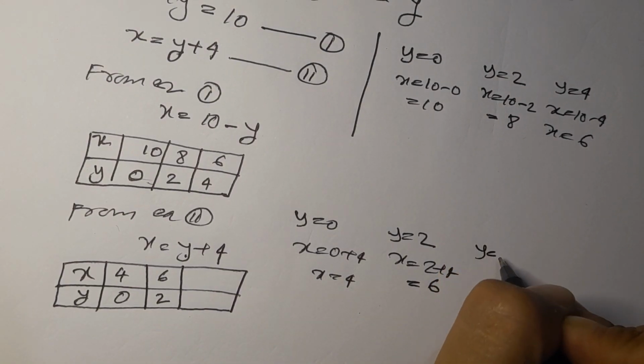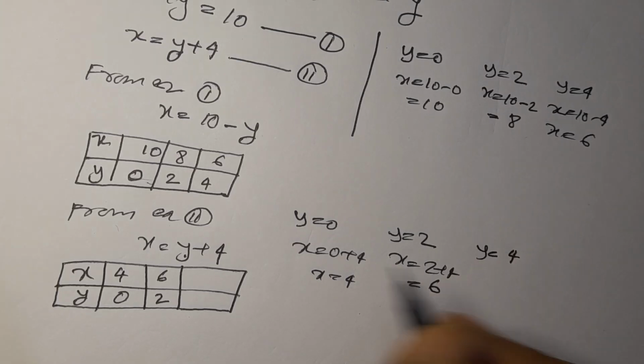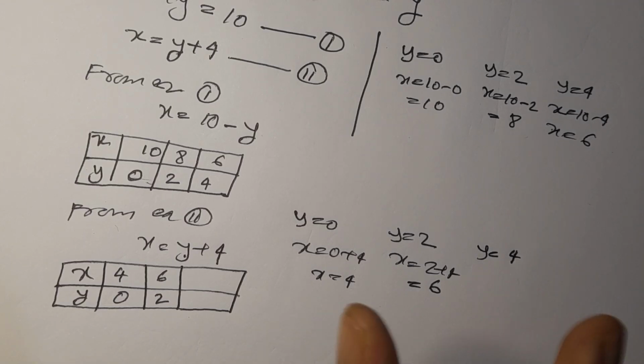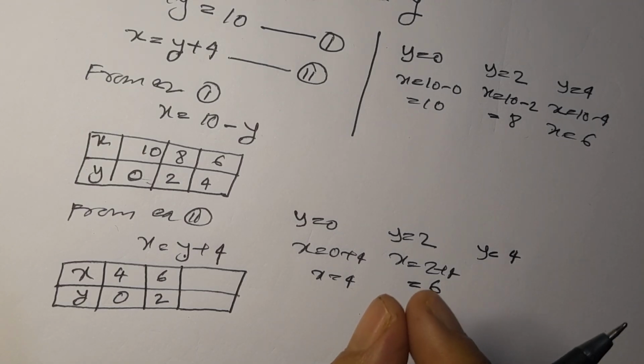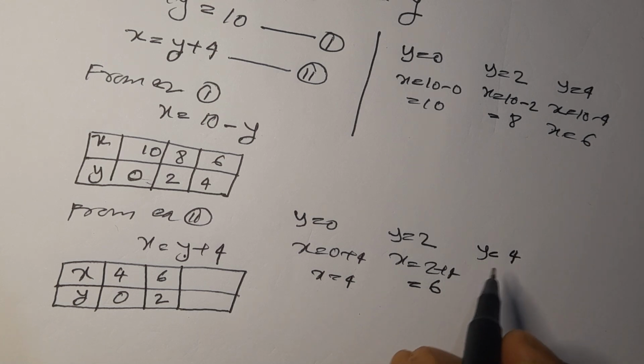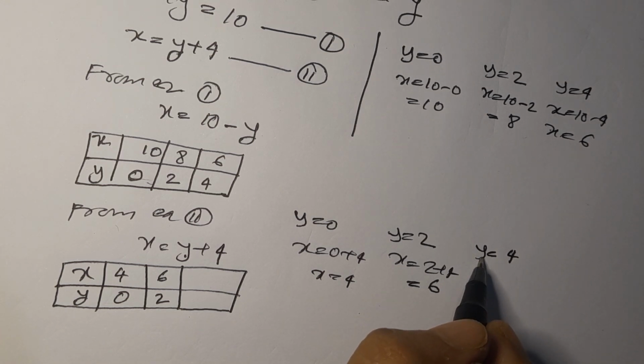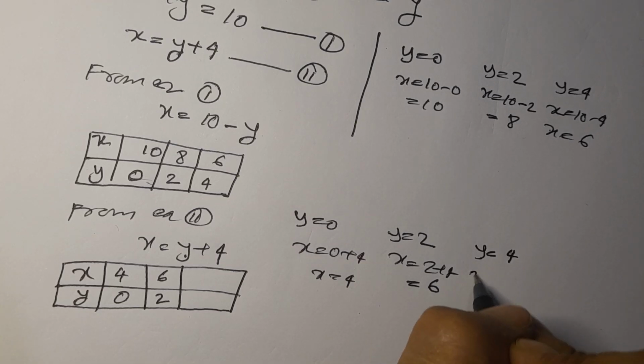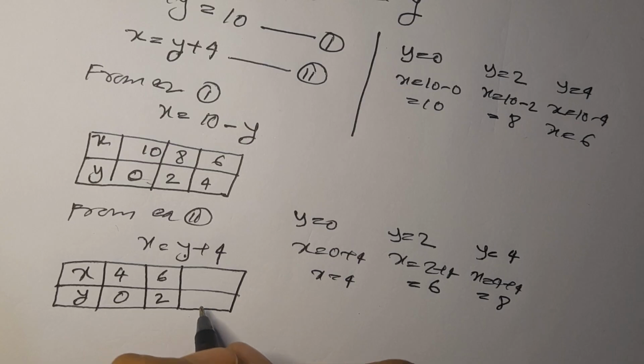After 2, let's take y equal to 4. If we take 1, it will come a little bit close. That's why I am taking a little bit bigger number, but not that big. If we take y equal to 4, x equal to 4 plus 4, so 8. So y equal to 4, x equal to 8.